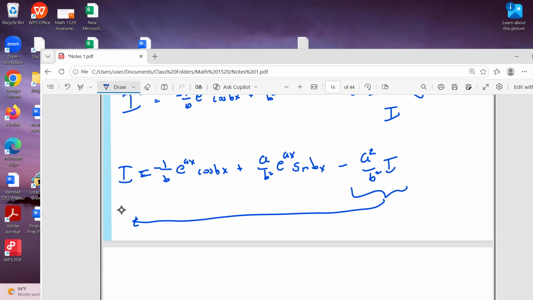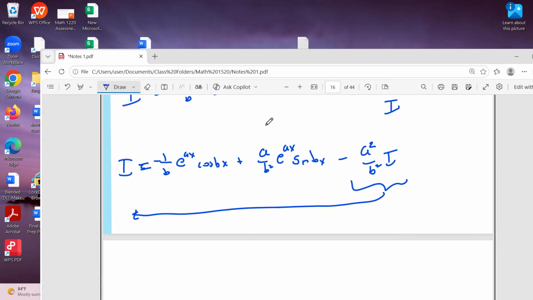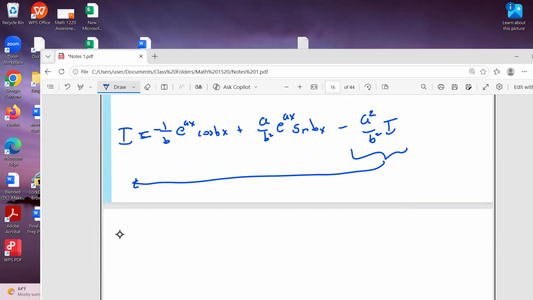I can add things to both sides. You can't square things, but you can add things to both sides. So here we have a squared over b squared I plus I is equal to negative 1 over b e to the ax cosine bx plus a over b squared e to the ax sine of bx.